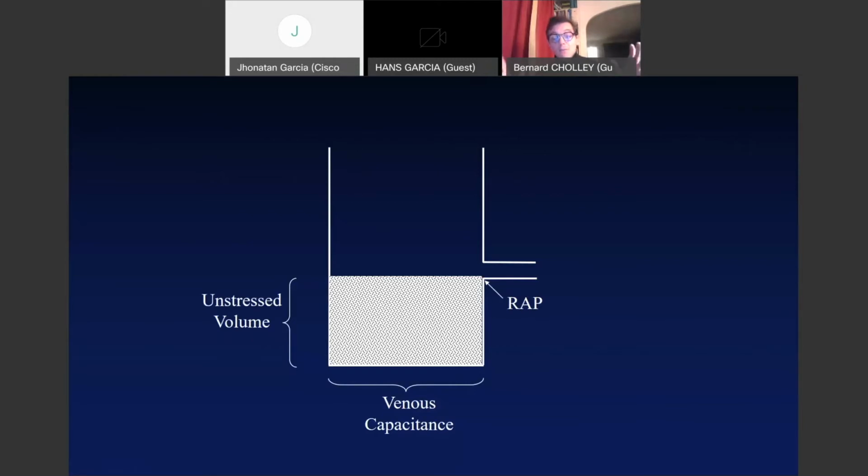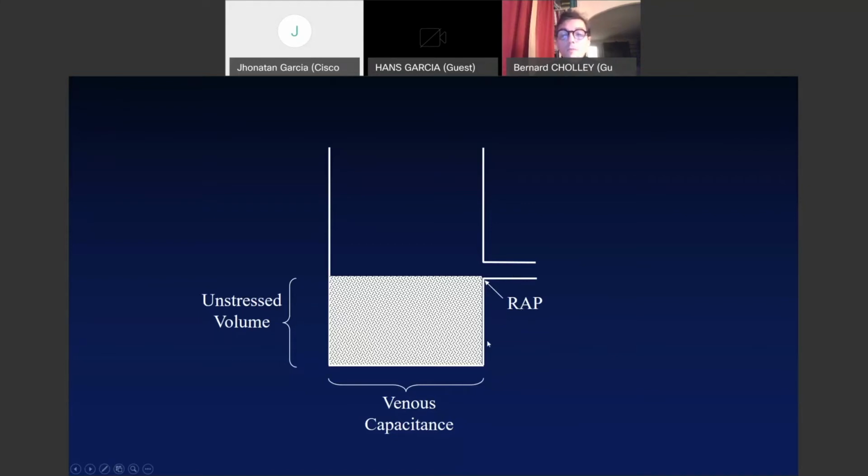You can vasodilate or you can vasoconstrict and change the size of the reservoir. You can see that the exit of the reservoir is not on the bottom, it's on the side. And the height here of the faucet representing the exit corresponds to right atrial pressure.